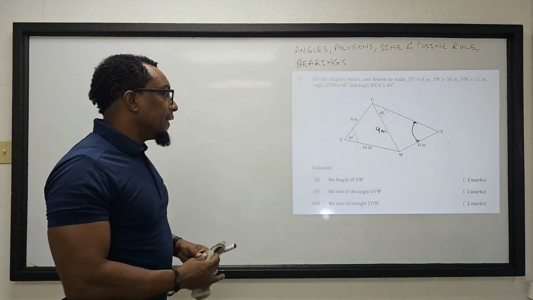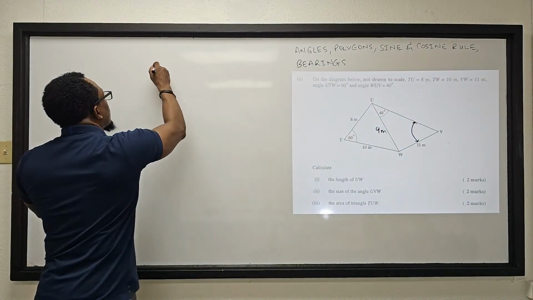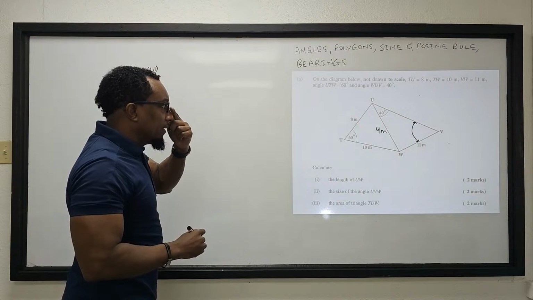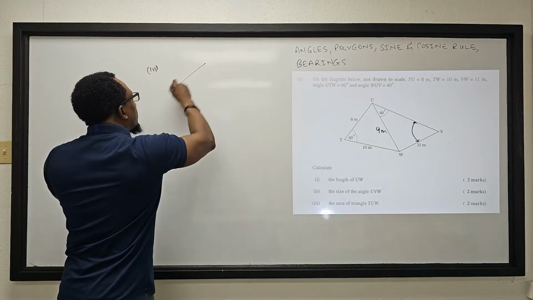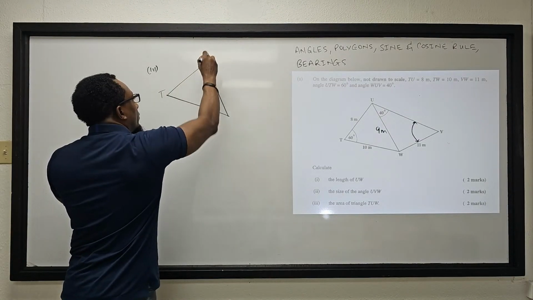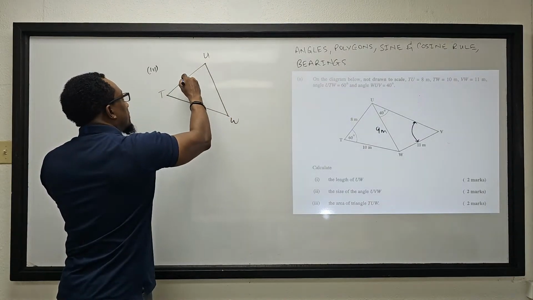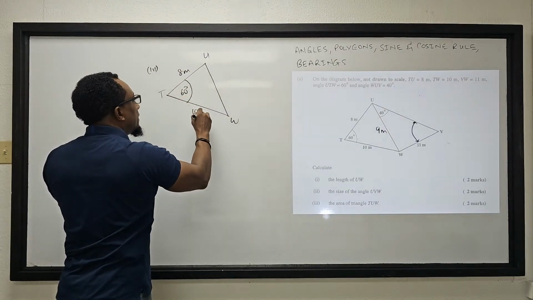What is to find the area of triangle in part 3? Area of triangle TUW. So this is triangle TUW here. This is 60 degrees. This is 8 meters, 10 meters.